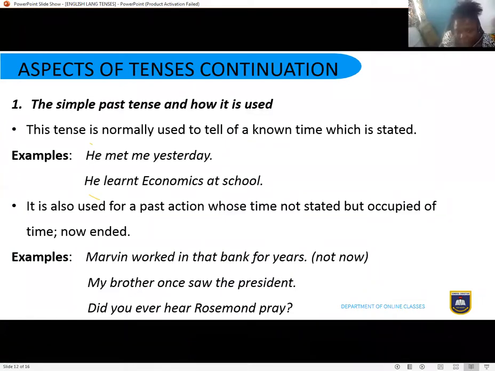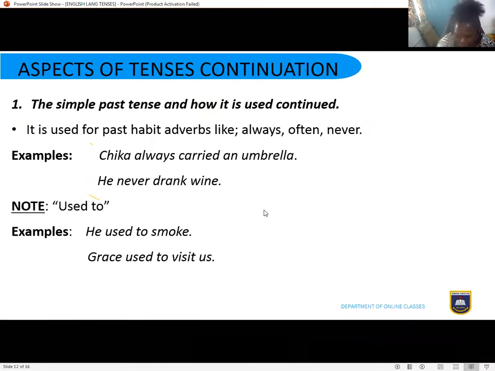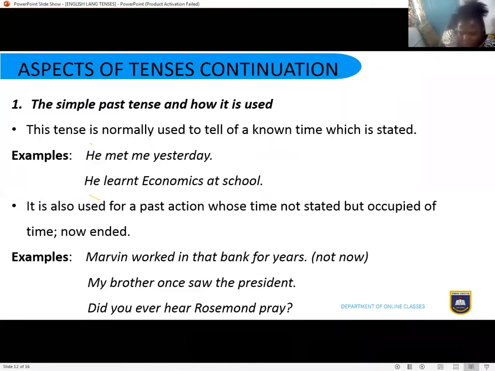The second way is it is also used for a past action whose time is not stated, but which occupied a period of time.